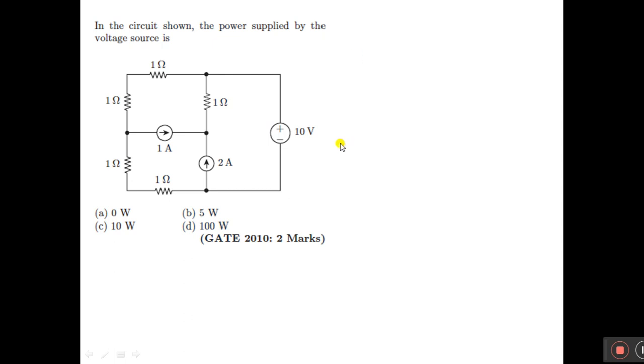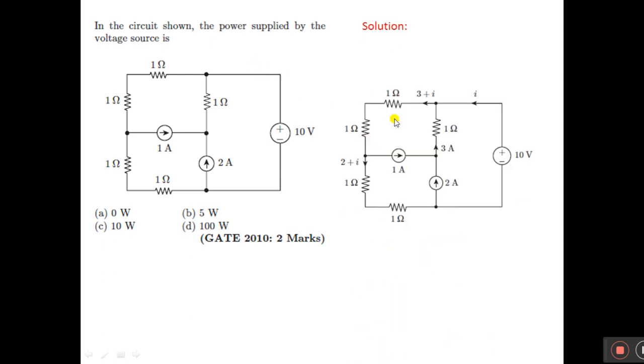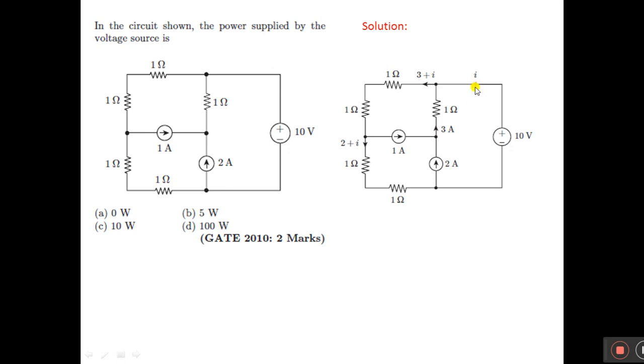The current we can calculate here. 1 ampere is given by this current source, and here 2 ampere is given. Anyway, the current in this voltage source we can in general take as I. If we take it as I, this current is 1 ampere, this current is 2 ampere, so totally 3 ampere.